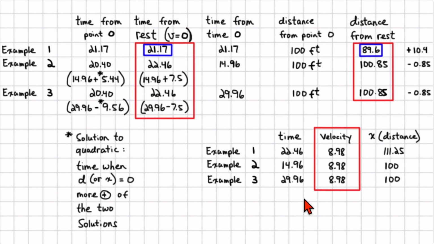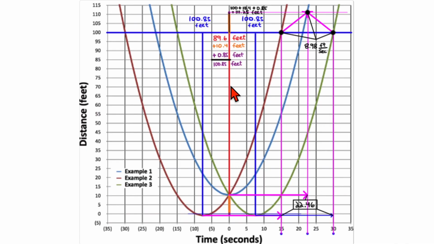This table shows both the time and the distance each body has to travel on each graph to reach a velocity of 8.98 feet per second. I already covered the distance for body 1 of 111.25 feet. Just a quick review. If you add 89.6 feet from rest and the 10.4 feet from point 0, and the small 0.85 of a foot that gets added because examples 2 and 3 go a little bit past point 0.